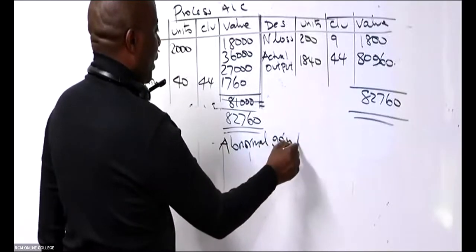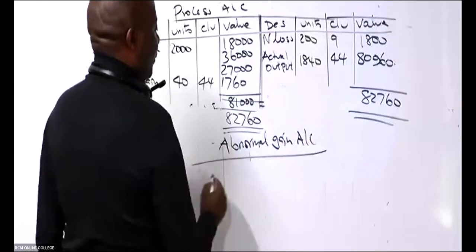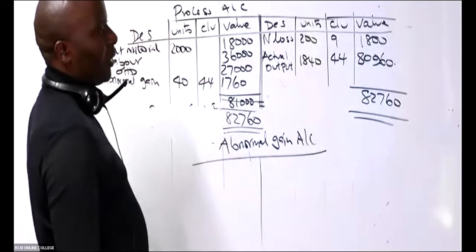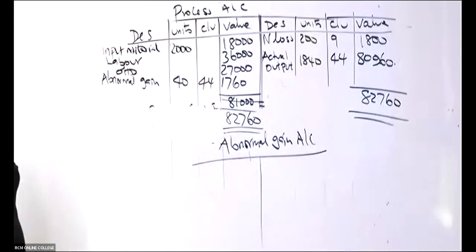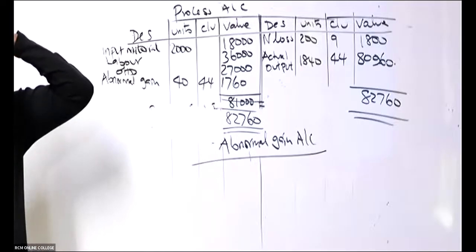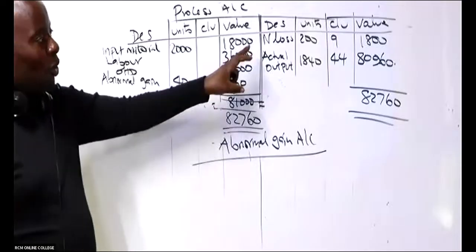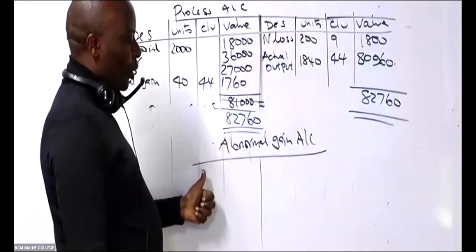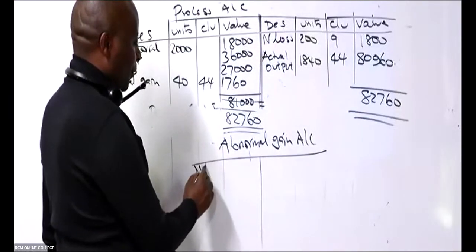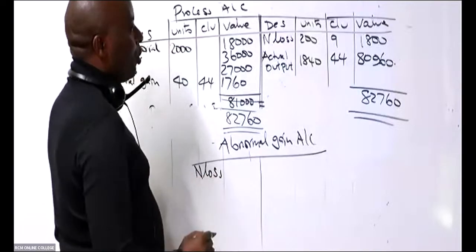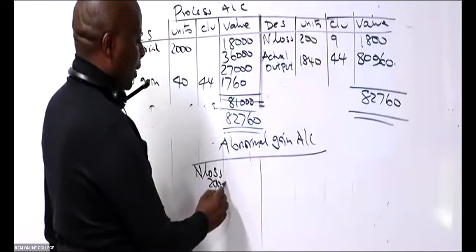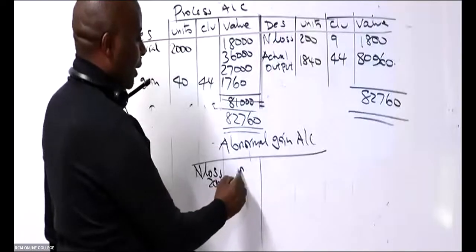Abnormal gain account. This shall be a gain. Don't forget that always the normal loss has to be transferred to these gains and losses. Always. Start with normal loss, which is credited here, so here shall be debited. So normal loss is 200 at 9, giving us 1,800.